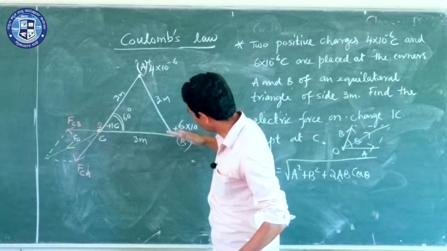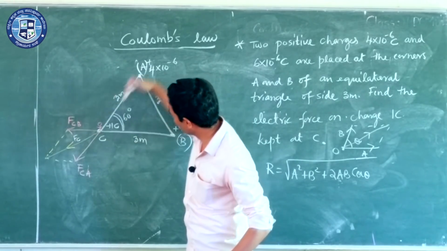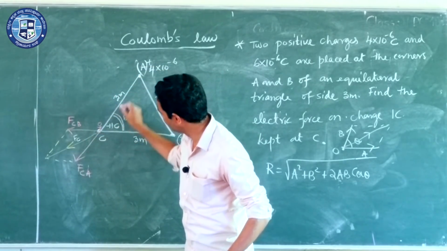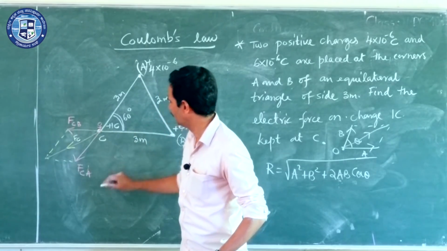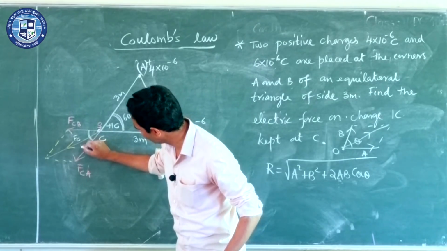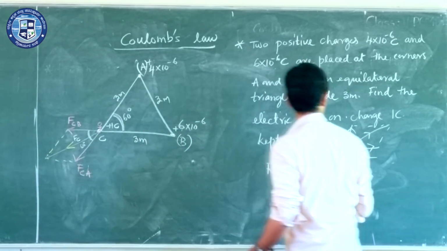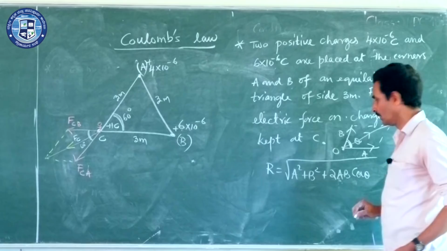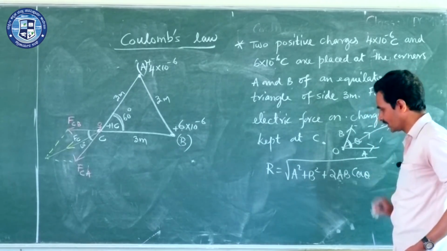And these forces act along the line joining the charges. So this is a straight line, this is a straight line, and this angle is vertically opposite to the 60 degree angle, so this is also 60 degree. So you know theta here now. This theta is 60 degree, and you can substitute cos 60 here.